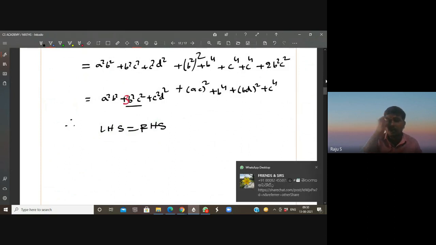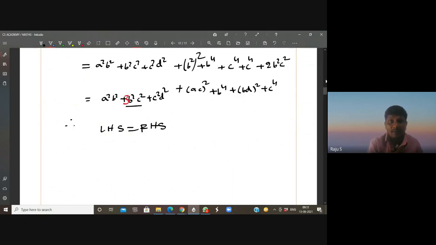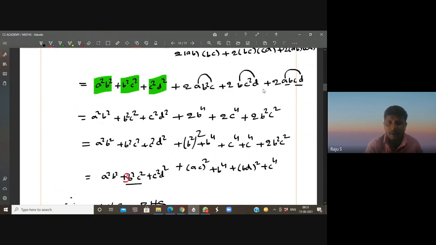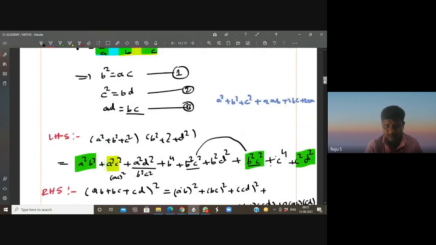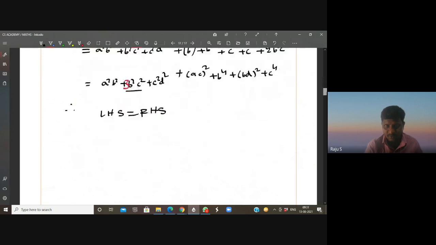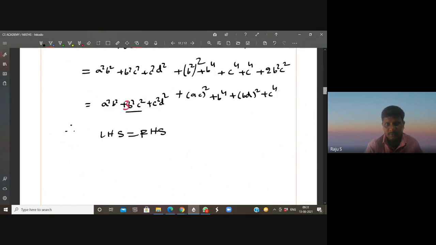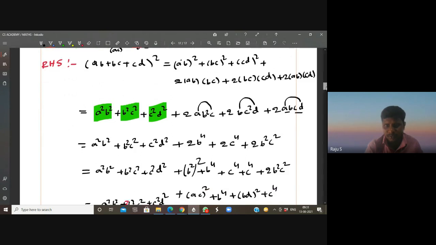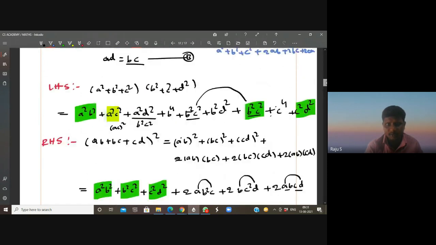In between, we replace B square by AC, C square by BD, like that. They don't check every point, as we don't get sufficient time to check. Finally, therefore LHS equal to RHS. Hence proved.